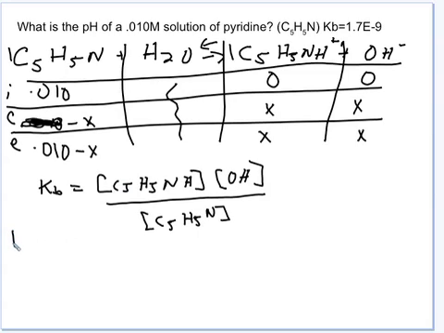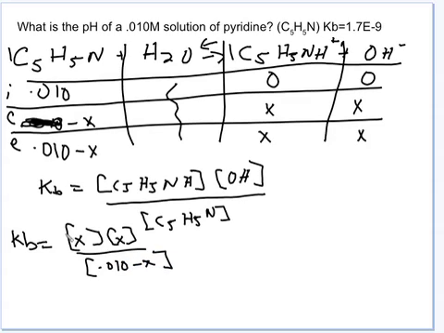Now we'll plug in the numbers: x for the C5H5NH times x for the hydroxide, divided by 0.010 minus x. I should have written the Kb value here, which is equal to 1.7 e to the minus 9.